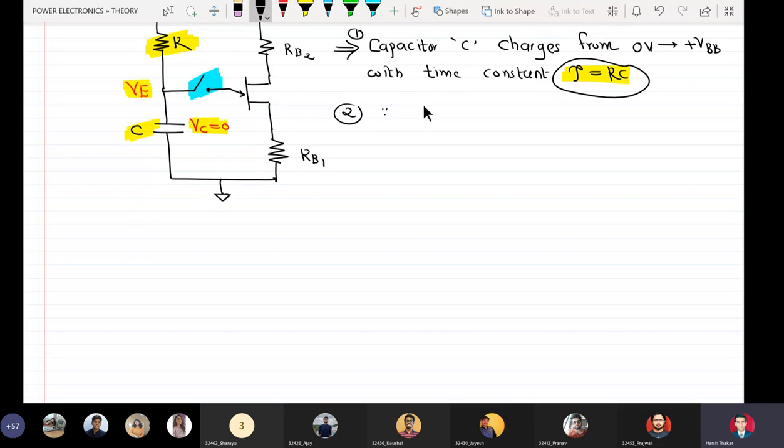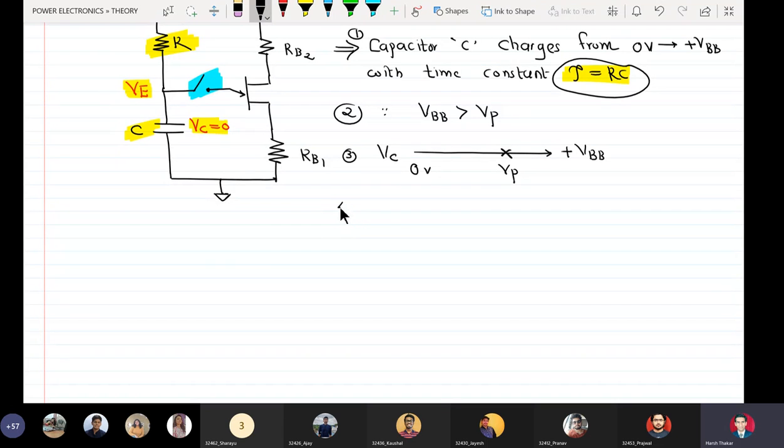Since VBB is greater than the peak point voltage, the capacitor voltage, while it is charging from 0 volts towards plus VBB, encounters the peak point voltage in between.